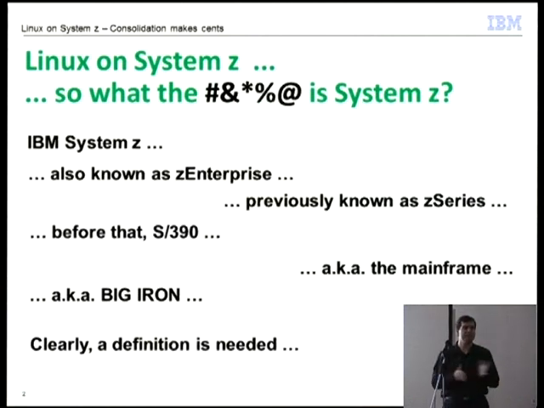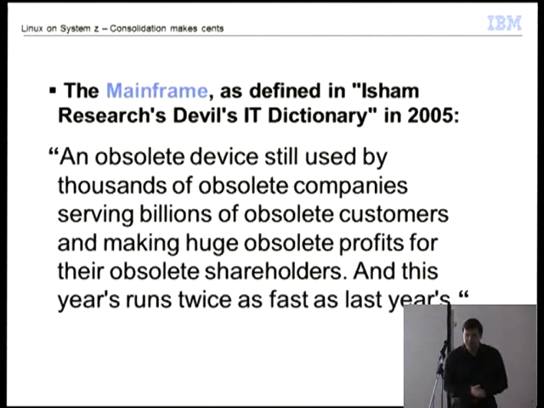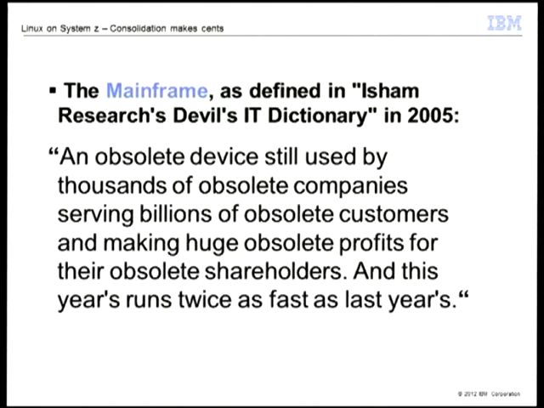Well, we need a clear definition, obviously. So my favorite definition of the mainframe is that it's an obsolete device still used by thousands of obsolete companies, serving billions of obsolete customers and making huge obsolete profits for their obsolete shareholders. And this year's model runs twice as fast as last year's.